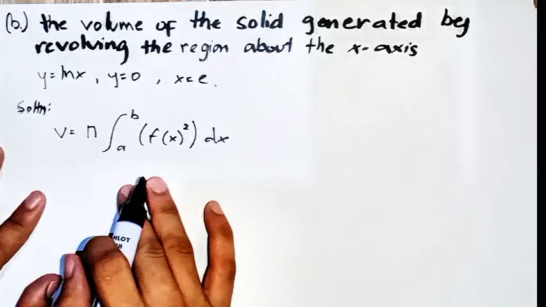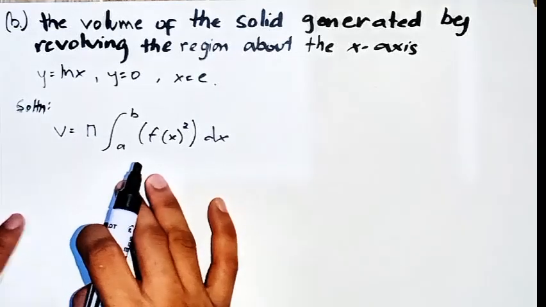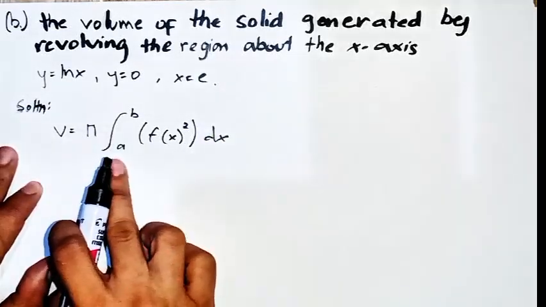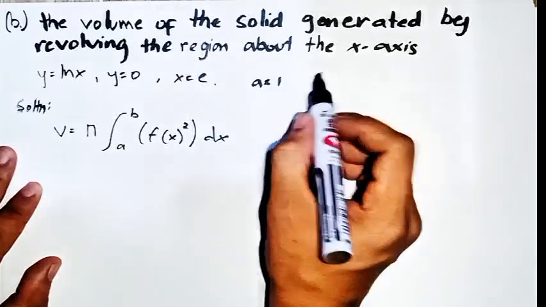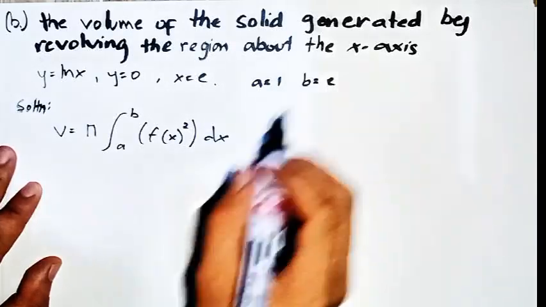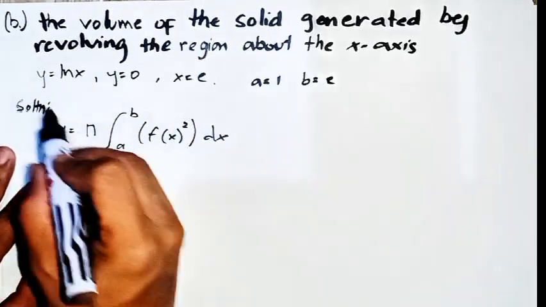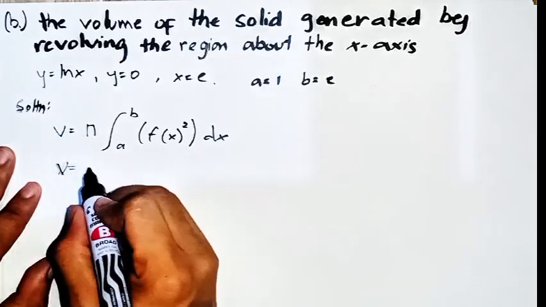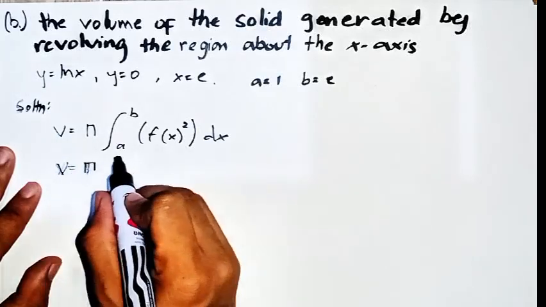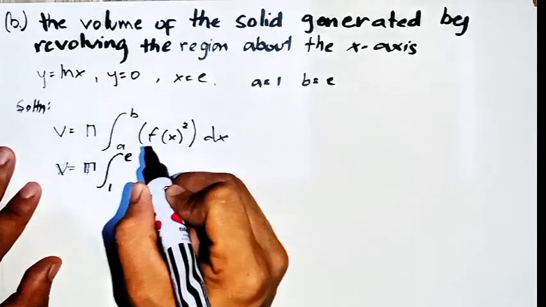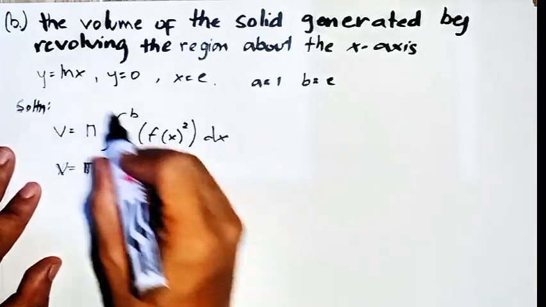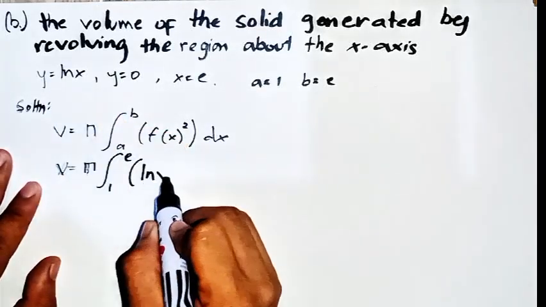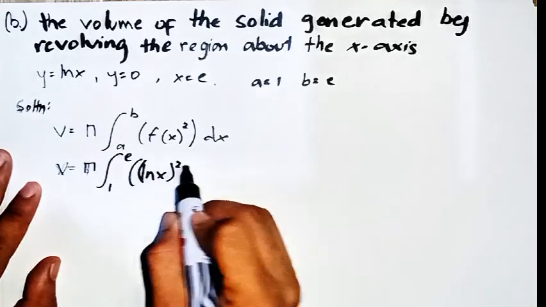This is the formula for the disk method. Now, our a here is 1 and our b is e, and our f of x here is ln x. So let's substitute into our formula. V is equal to pi, integral from 1 to e of ln x squared dx.